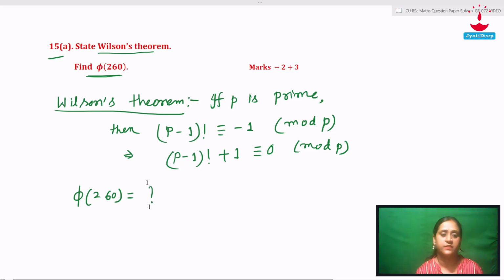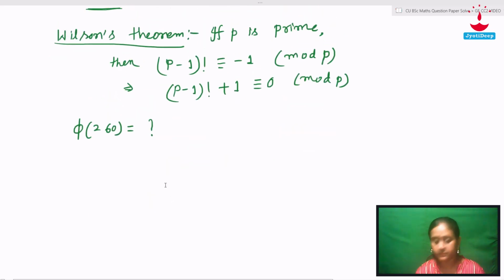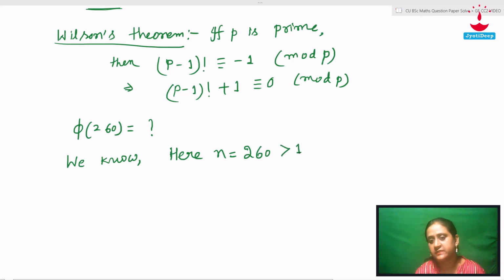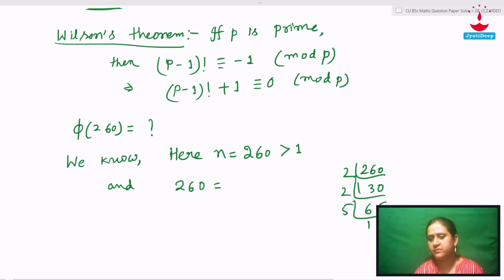Here n is equal to 260, greater than 1, and 260 we can calculate over here. 260 is this, and this is 5 into 30.